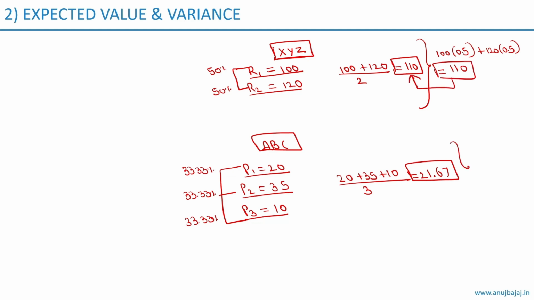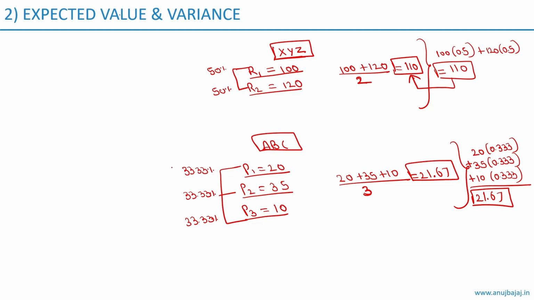Similarly, in case of ABC, when we take 20 multiplied by 33.3%, add 35 multiplied by 33.3%, and also 10 million profit multiplied by 33.3%, we get the expected profit to be $21.67 million. So when we add all the observations and divide by the number of observations, we are implicitly assuming that each observation has an equal chance of occurring.